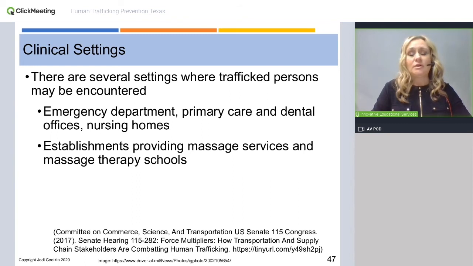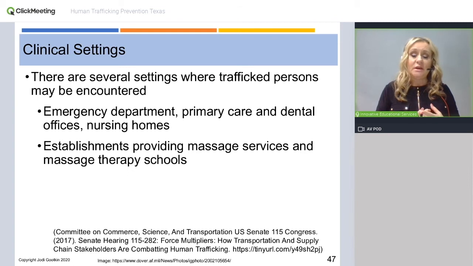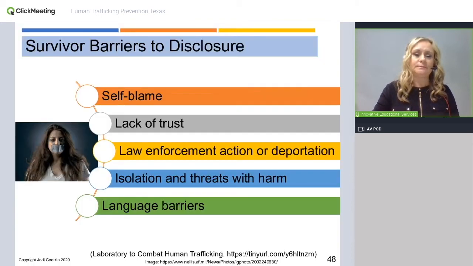We might encounter individuals who are victims of labor and/or sex trafficking. When considering who might be a victim, it could be the patient we're actually treating, the individual accompanying the patient, coworkers, service providers, or vendors. We really need to have our eyes open everywhere to spot potential victims of human trafficking.